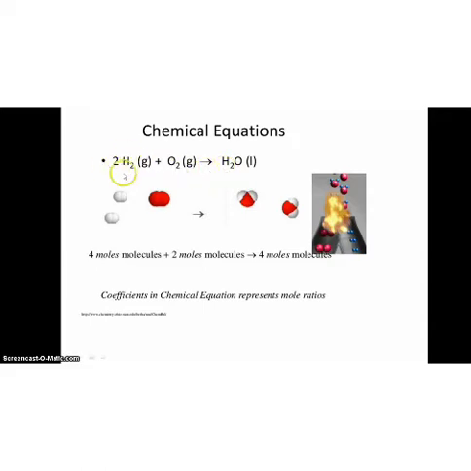Here 4 moles of hydrogen react with 2 moles of oxygen to form 4 moles of water. So, coefficients in a chemical equation can be represented as the mole ratio, that is 4:2 giving 4.